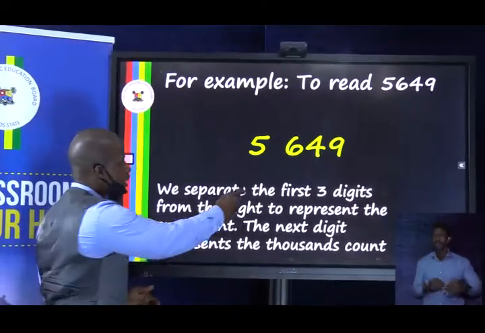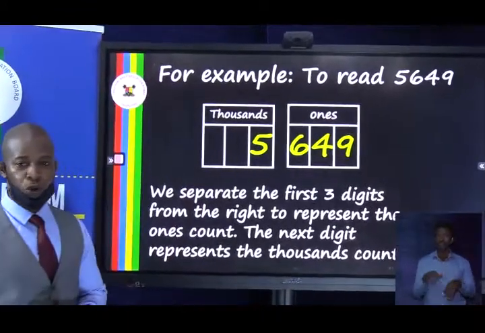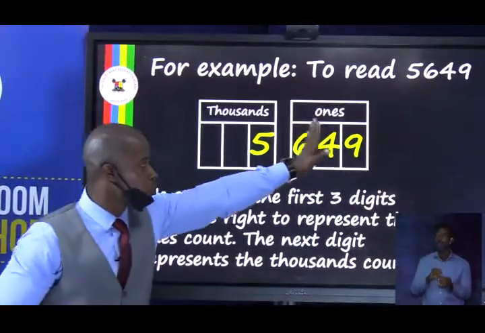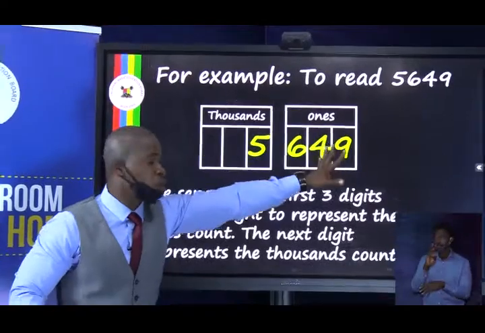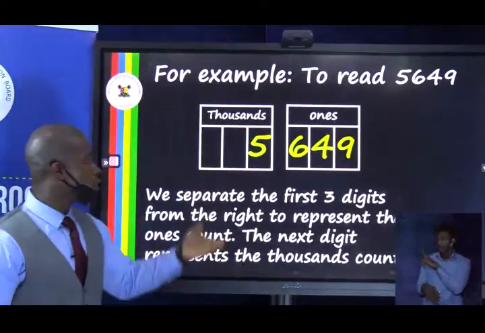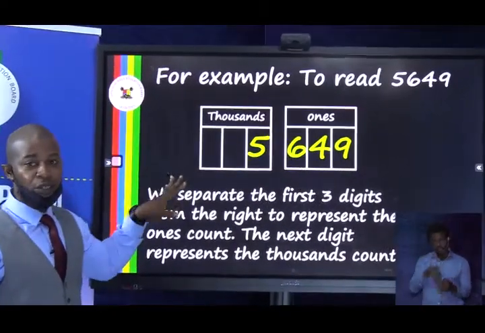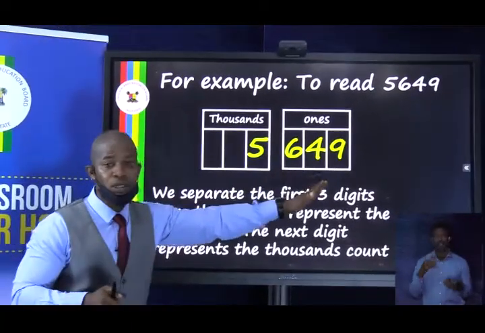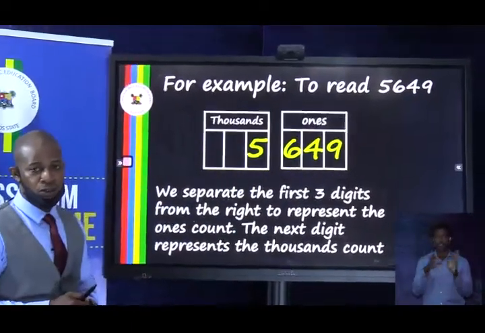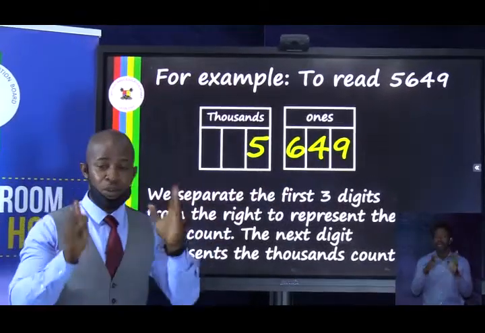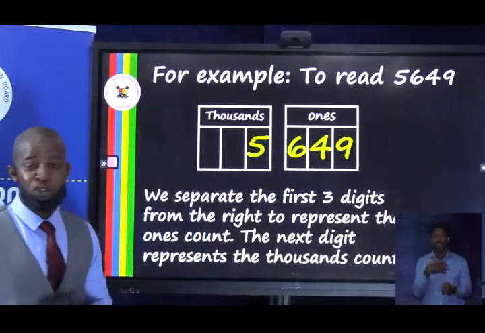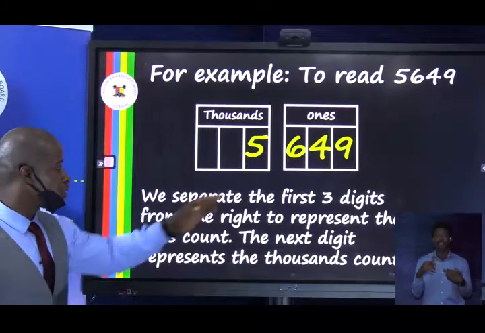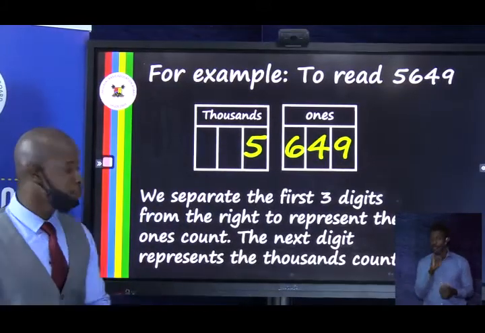Then, to guide me on how to pronounce these numbers, I put ones on top of the 3 digits to show that these 3 digits represent ones, and this other one has fallen into the house of thousands, as I call it. You have the house of ones, and you have the house of thousands. The house of ones will have 3 rooms. The house of thousands also has 3 rooms. But now only one of the rooms is occupied.